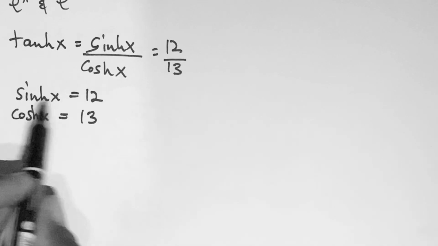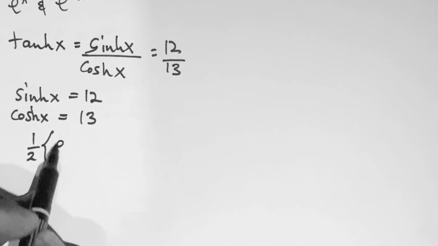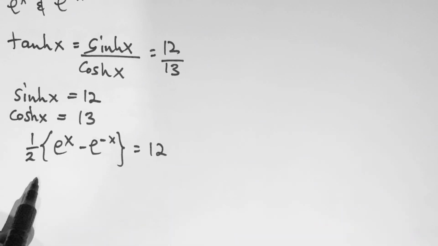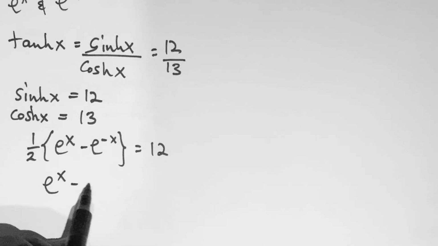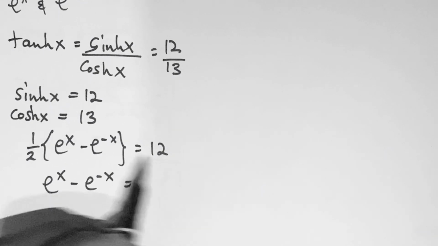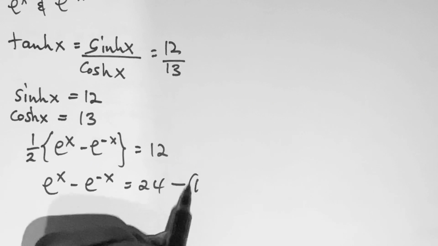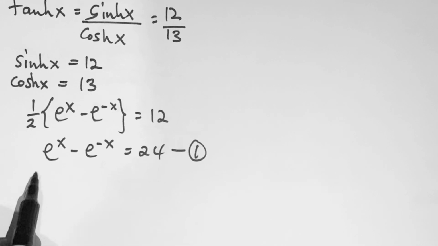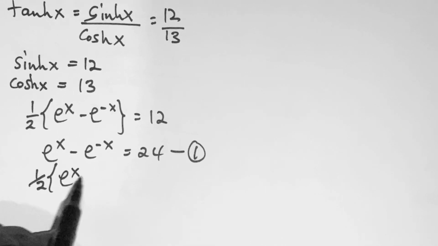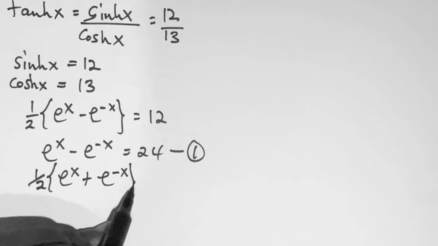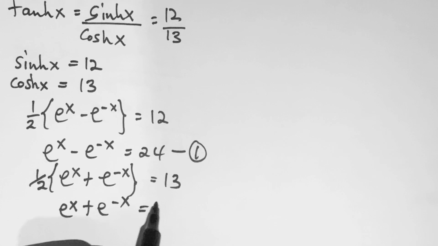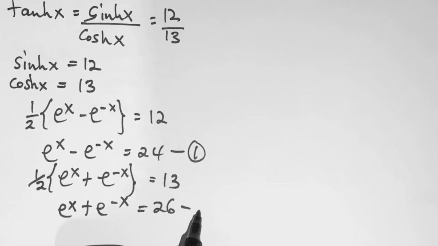But by definition, we know that hyperbolic sine x is half of exponent x minus exponent minus x, and that is equal to 12. So it implies that exponent x minus exponent minus x is equal to 12 times 2 is 24. So this is equation 1. And then by definition, we know that hyperbolic cos x is half of exponent x plus exponent minus x. That is equal to 13. So this implies that exponent x plus exponent minus x is equal to 26. And this is equation 2.